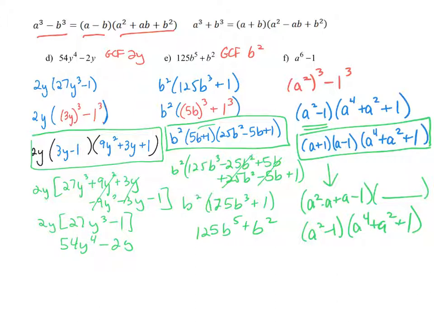Using the distributive property, I'm going to get a to the sixth plus a to the fourth plus a squared minus a to the fourth, minus a squared, minus 1, and then this is going to simplify to a to the sixth minus 1.